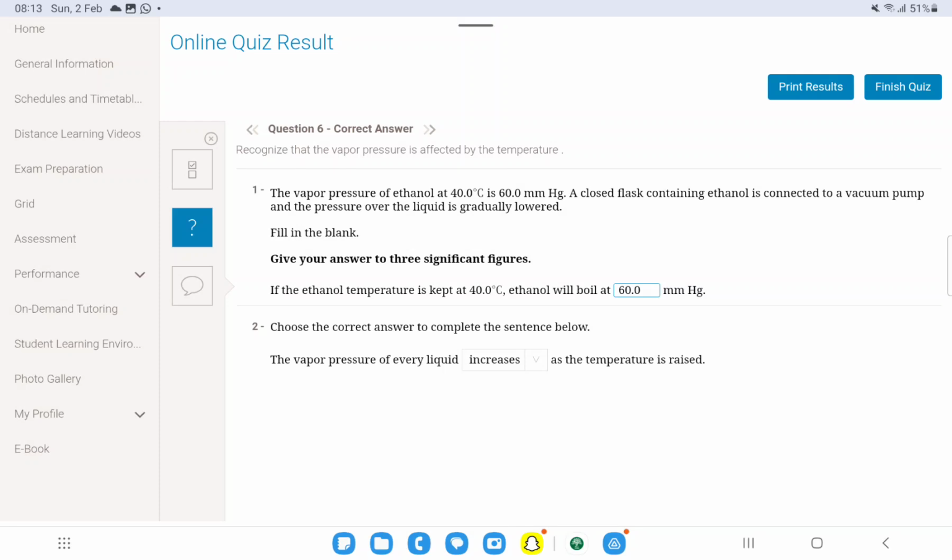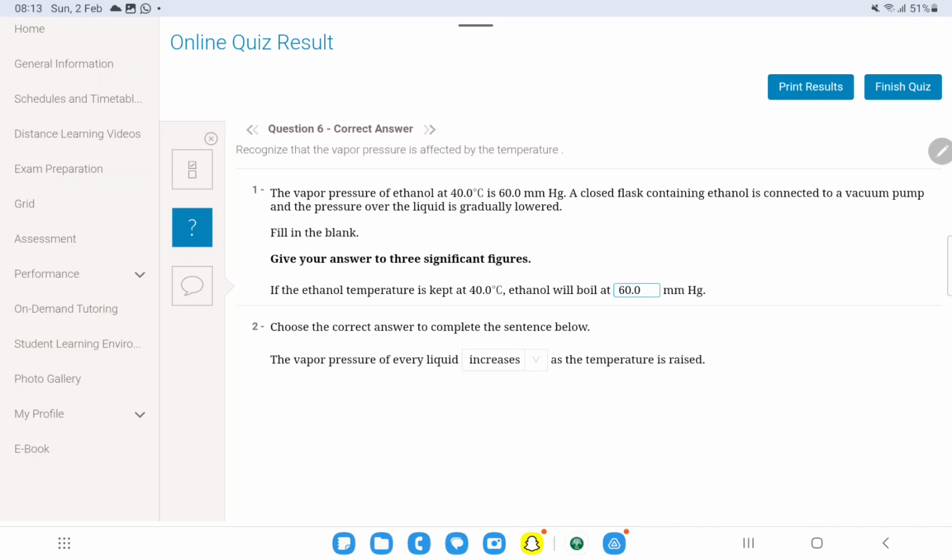So here we know that for a substance to boil, the vapor pressure and the pressure inside the liquid should be equal. So we want the pressures to be equal. They gave us at 40 degrees Celsius it's 60 millimeter Hg, and here at 40 degrees Celsius it will be at 60 millimeter Hg.